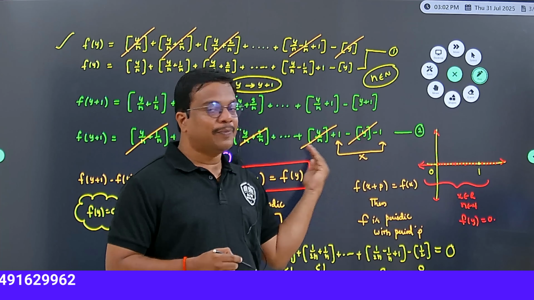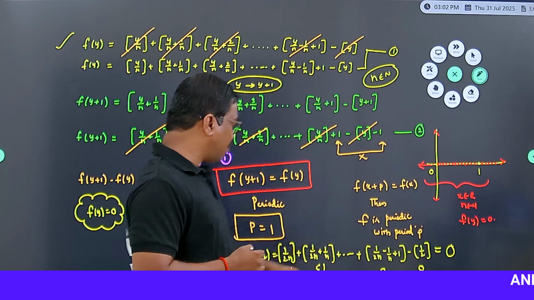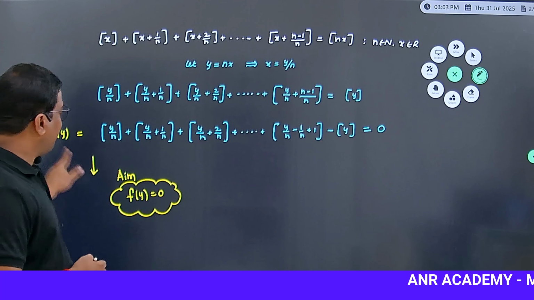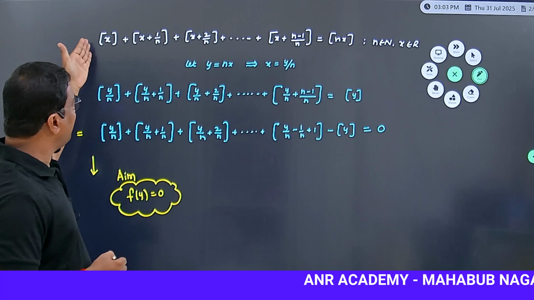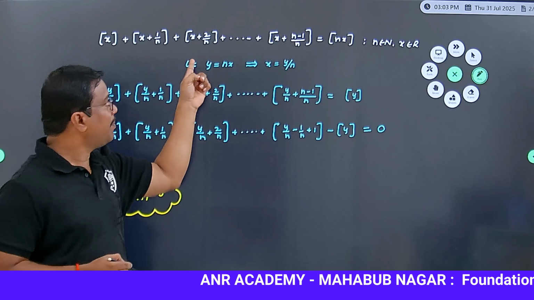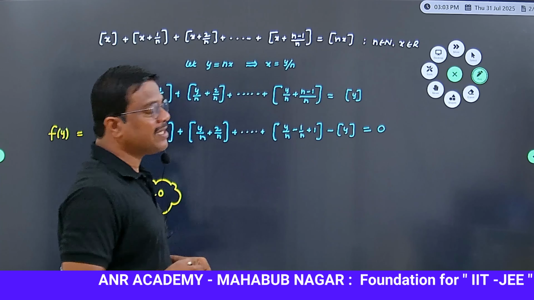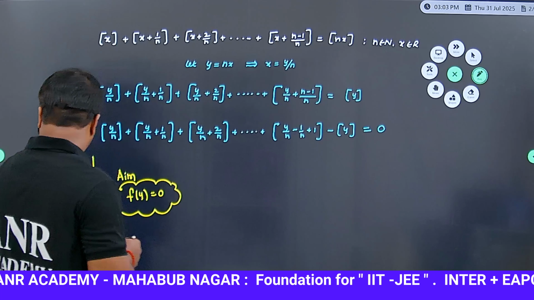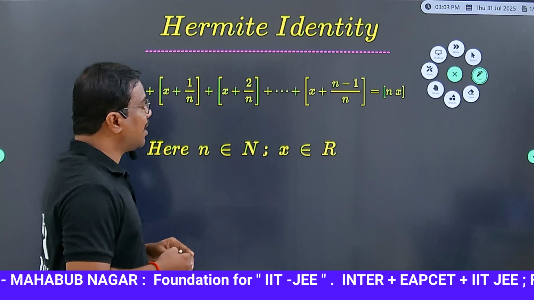In the negative part, minus 1 to 0 also 0. For all real values of x, the functional value is 0. So, here the aim is also the same. If f of y equal to 0, that means finally we reach step of x plus 1 by n plus step of x plus 2 by n and so on, step of x plus n minus 1 by n, that becomes step of nx. Remember, small n is a natural number and x is a real number.